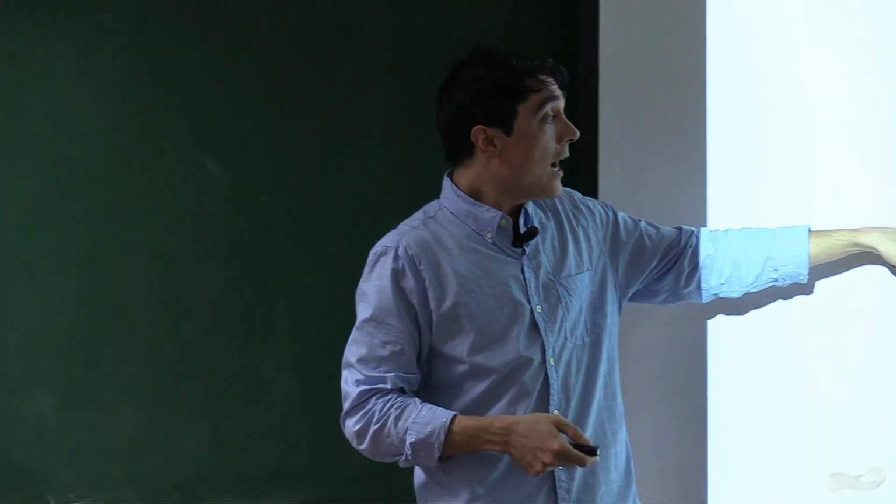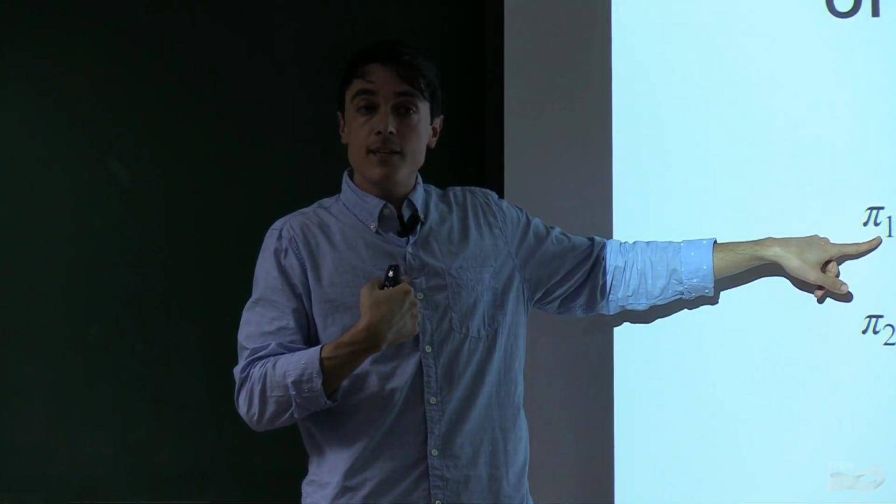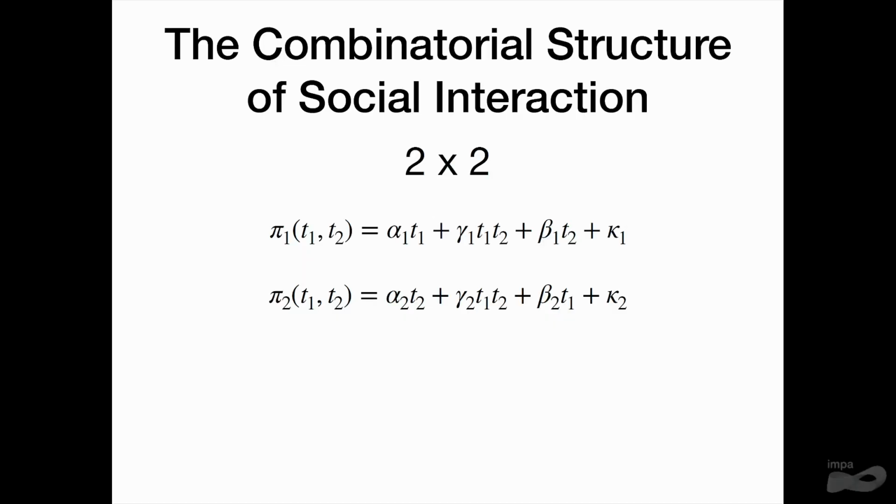So here, pi 1, I'm player 1. This is my payoff. T1 is the strategy I choose. T2 is the strategy you choose. Look at how fascinating this payoff function is. I get an amount dependent only on my decision. That's alpha 1. Only depends on T1.